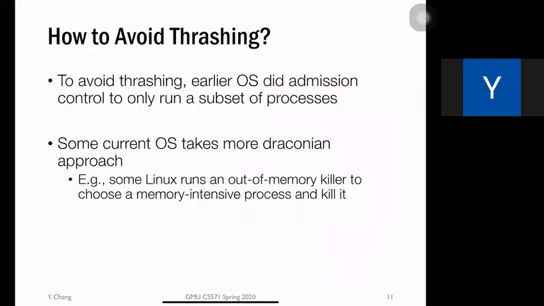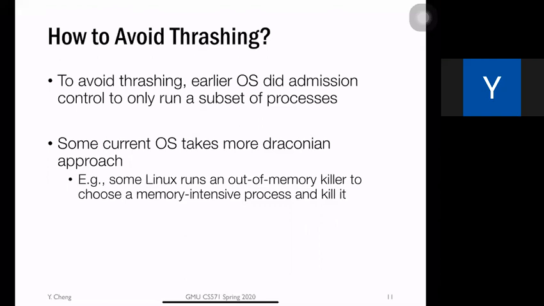So the question is, how should we avoid such bad behavior from happening? To proactively avoid thrashing, earlier generations of operating systems did admission control to only allow a subset of processes to run.